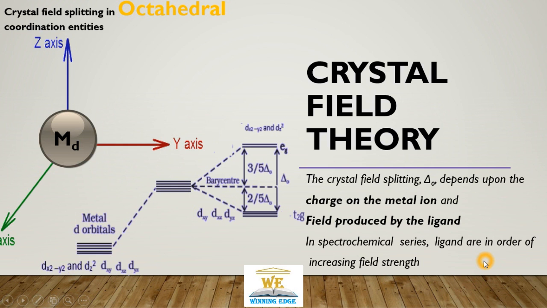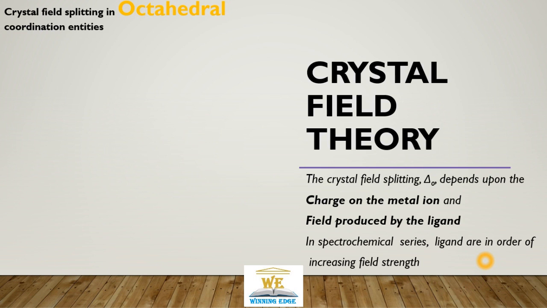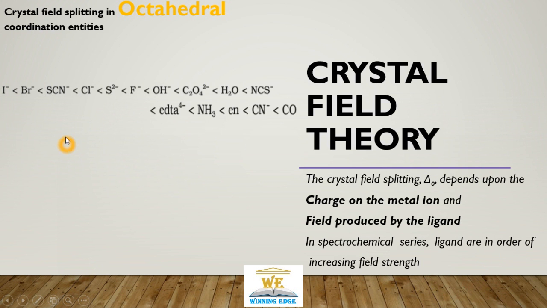Now let's have a brief look at the spectrochemical series. This is a spectrochemical series, and the ligands are arranged in their increasing field strength. So what we see here, iodide is the weakest field ligand, then bromide, thiocyanide, chloride, sulfide, fluoride, hydroxide.